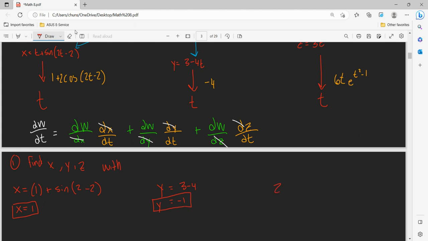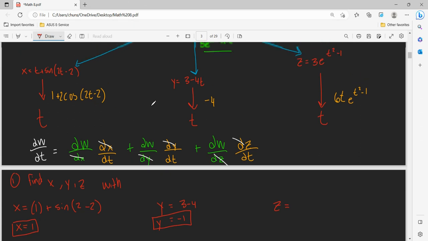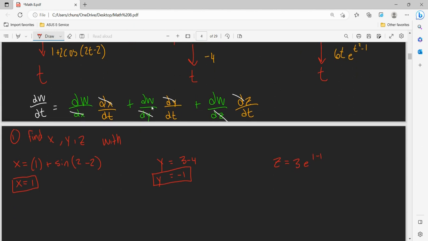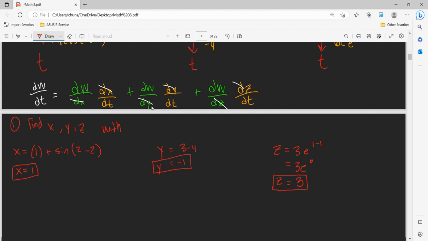And we have z is equal to 3e, and that's 1 minus 1. And this becomes 3e to the 0. And we know that's equal to 1 for our e. So this is equal to 3 for z. Okay, so these are the values that we're going to be plugging in once we solve.